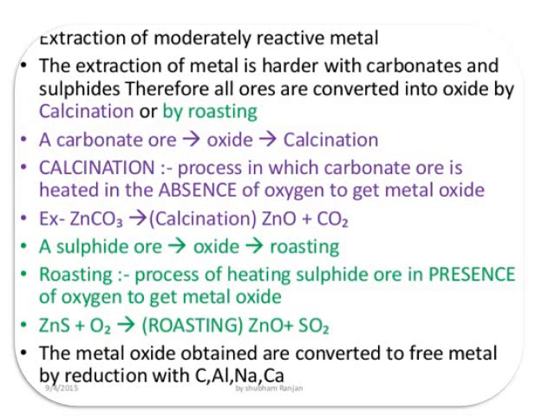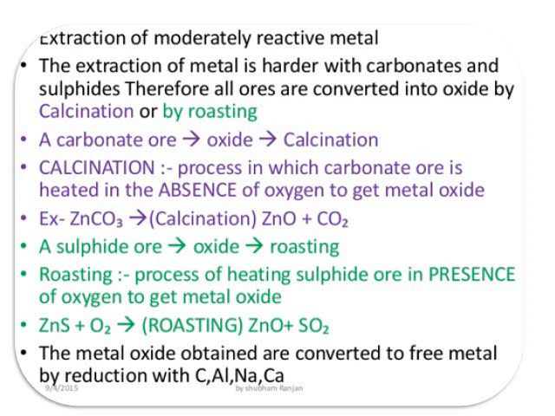Now let us see calcination. Calcination is the process in which carbonate ores are heated below their melting point in the absence of air to convert them into metal oxide.